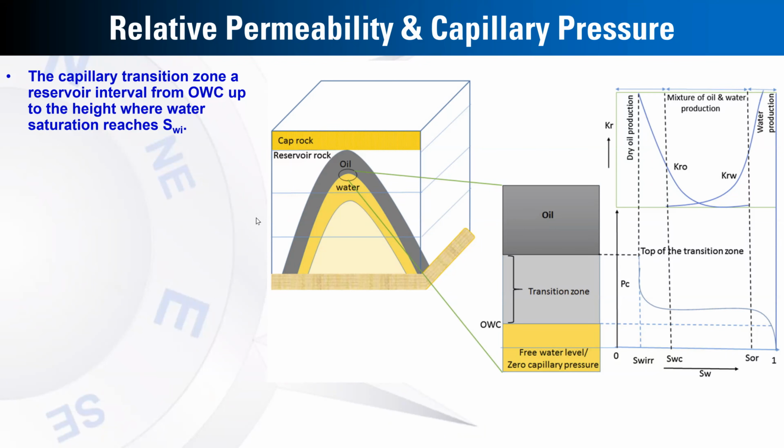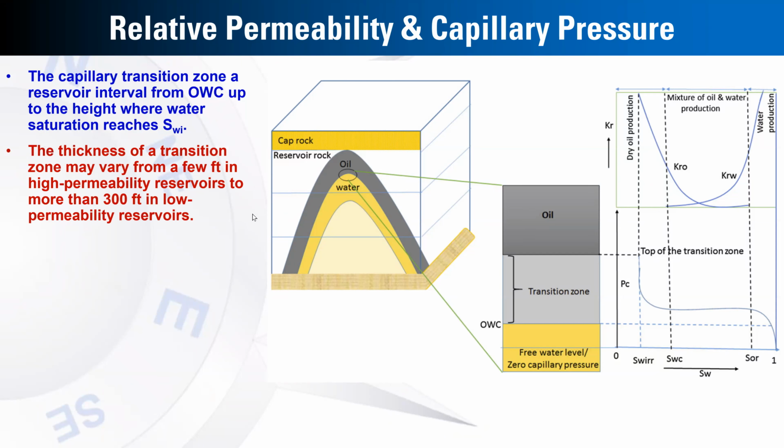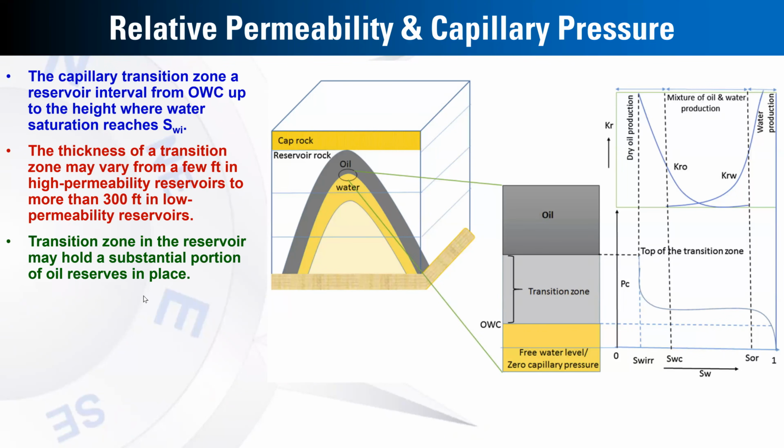Capillary pressure by definition is the pressure of the non-wetting phase minus the pressure of the wetting phase. The thickness of the transition zone can range from a few feet up to maybe 300 or 400 feet, based on the reservoir quality and the reservoir permeability.